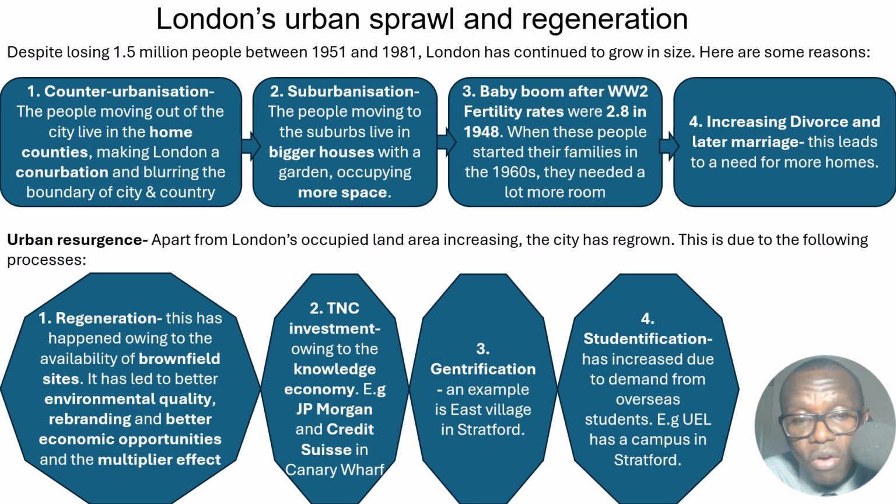Places in the inner city that were former industrial areas and that declined are referred to as brownfield sites, because the land, or the buildings that are run down in those areas, can be rebuilt or regenerated.